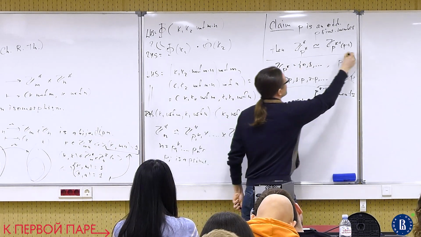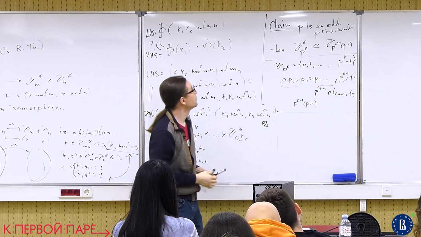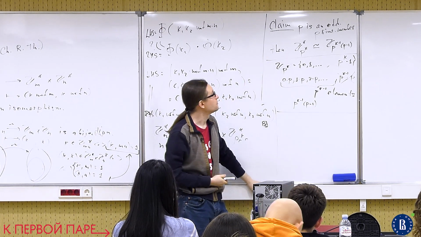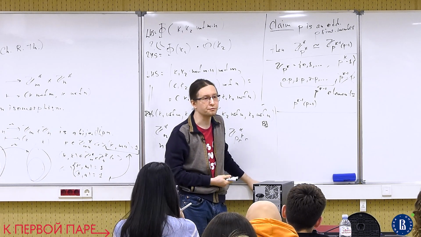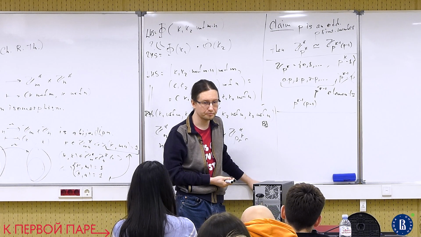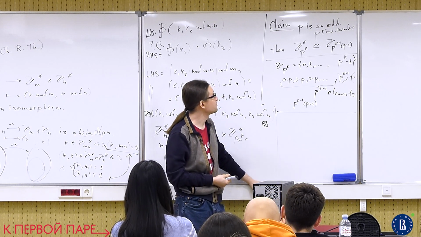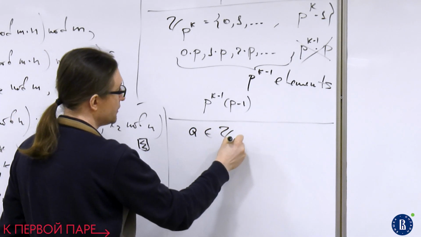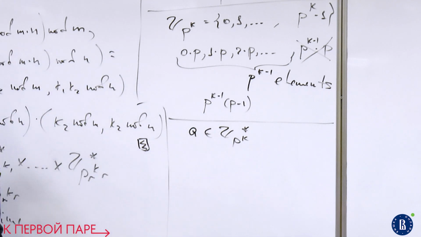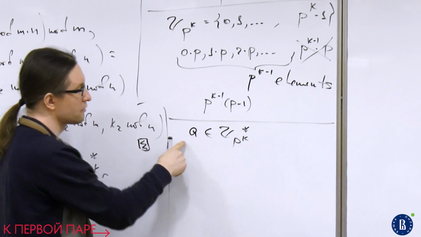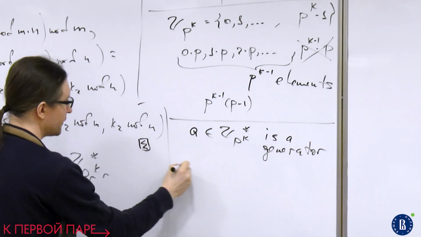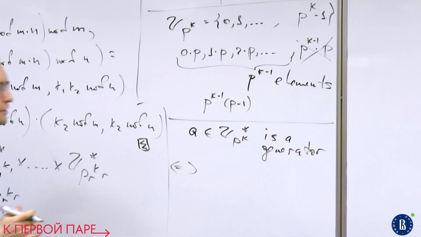So the claim says that for any odd prime number, this group is cyclic. Moreover, it's possible to find a generator here. So let me explain how to do this. Suppose we're given an element A from Z p to the k star. Then this element is a generator if and only if the following two conditions are satisfied.